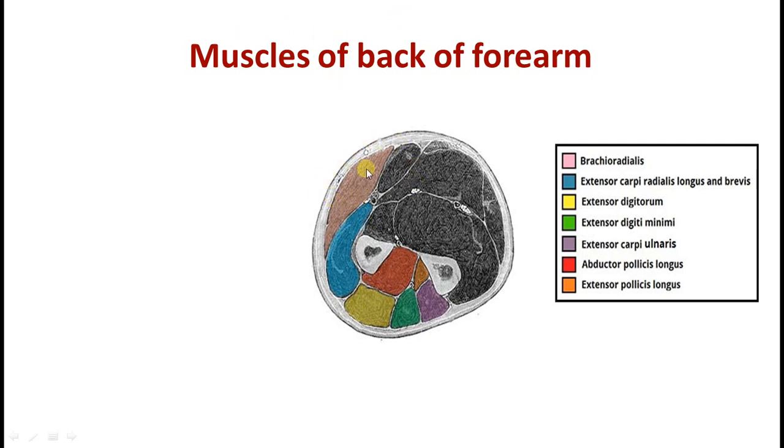Here the most superficial muscle in the extensor compartment that you are able to see is the brachioradialis muscle, and even a part of it is seen in the flexor compartment. Then you have all these muscles, the superficial group and the deep group. Between the two bones, radius and ulna, you see the interosseous membrane extending.